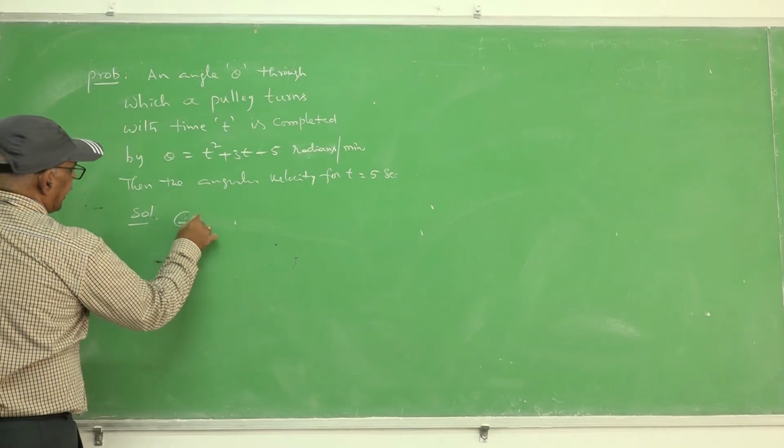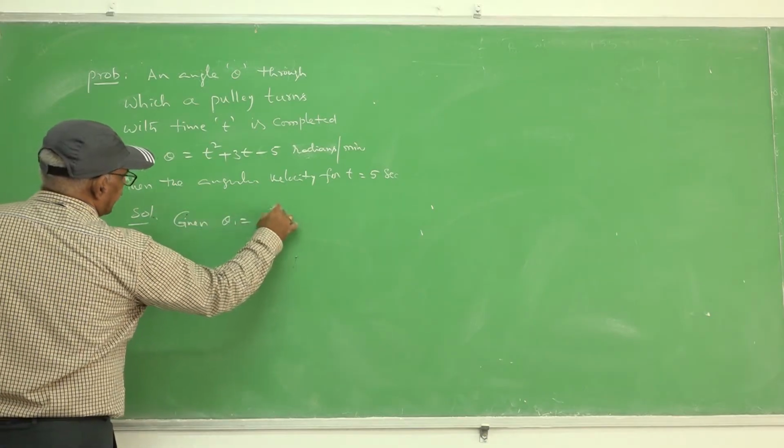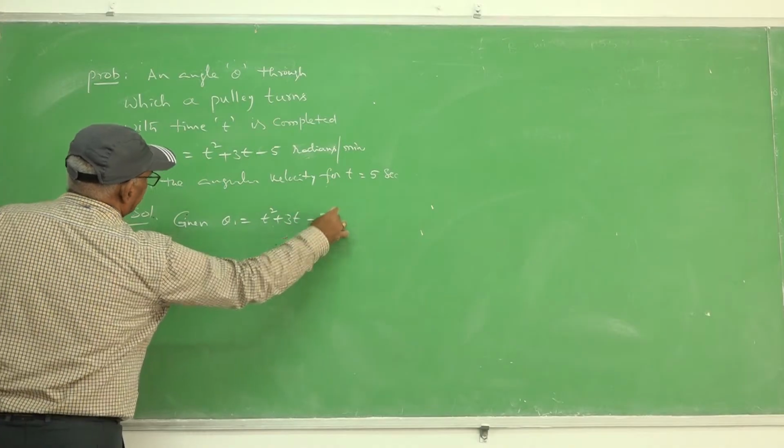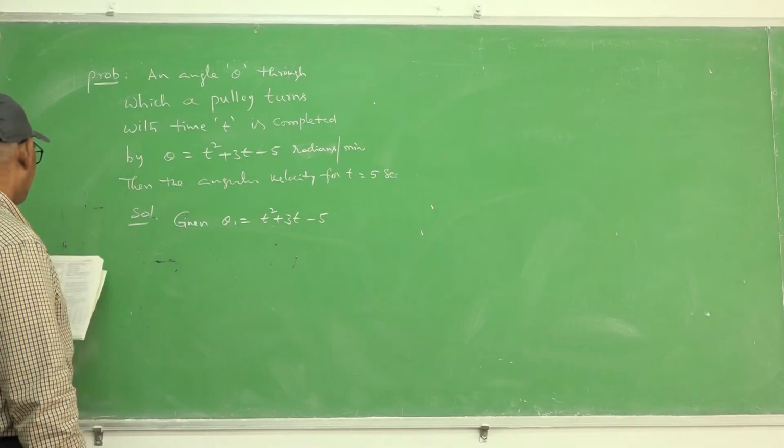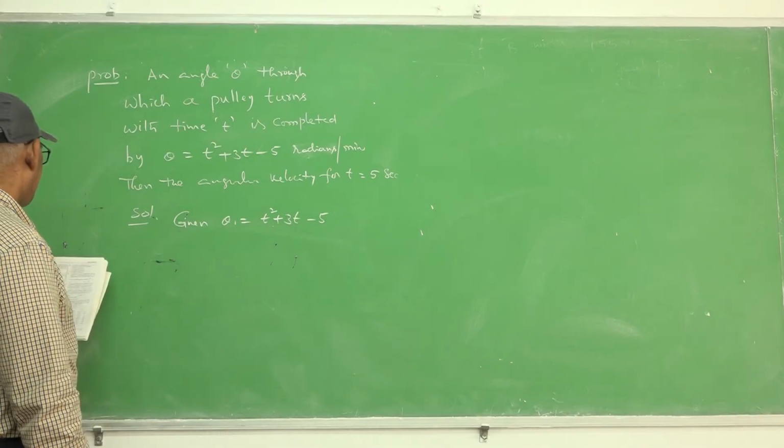So, given here, theta equal to t square plus 3t minus 5.